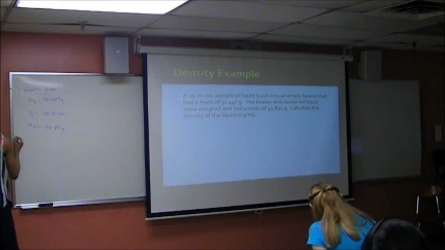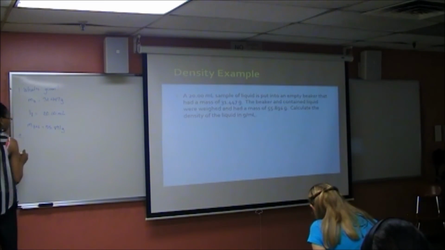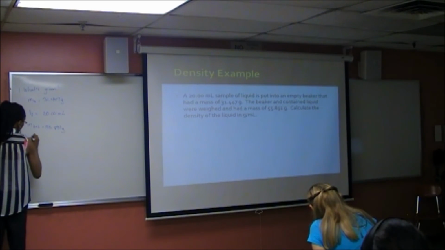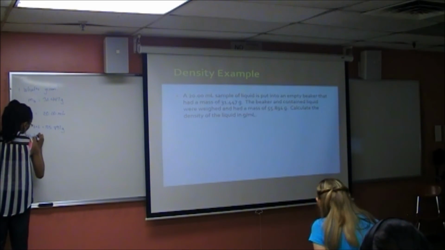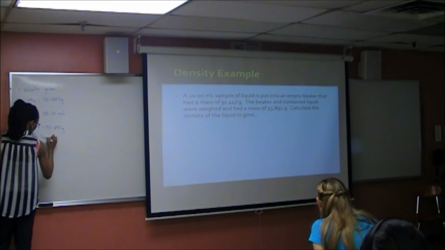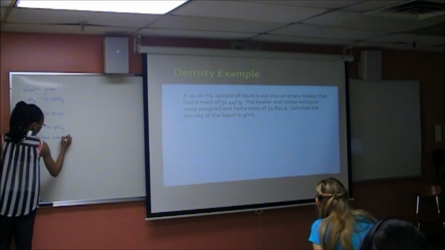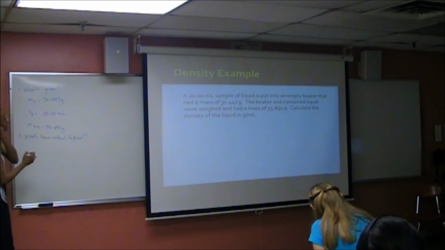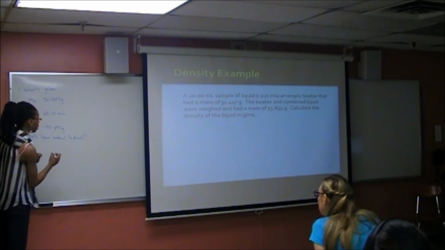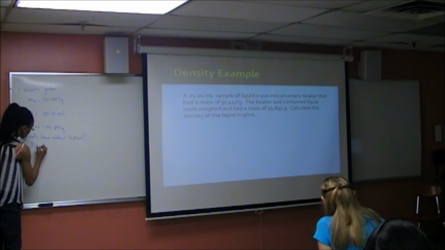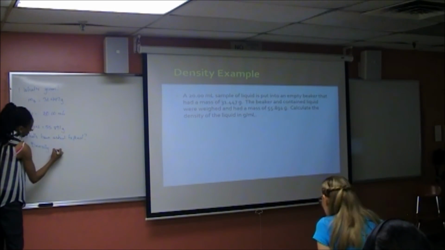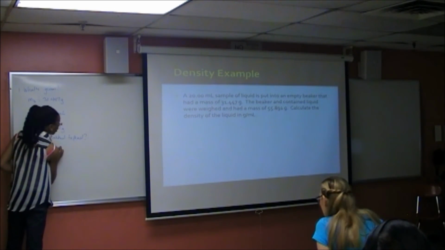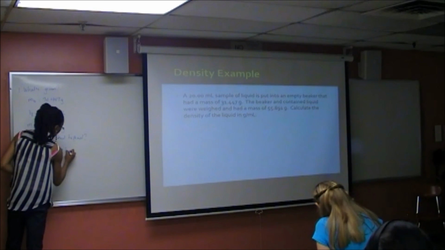Anything else given? That's it. Okay, what's the second question? What are you being asked to find? The density of the liquid. We want the density in grams per milliliter.